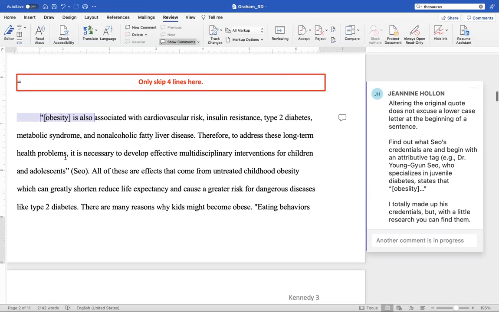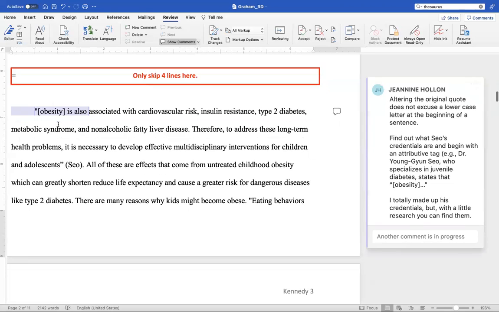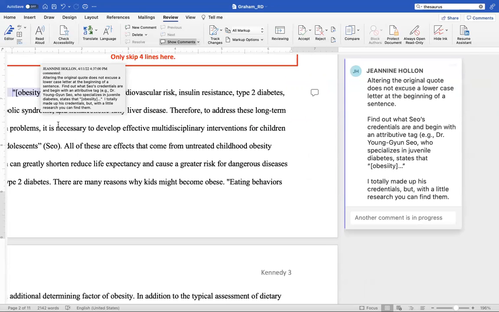I don't want to confuse you, but let's just say that it was a lowercase o that you pulled out of a quote. Then what you would do is put a bracket there and make it a capital O, but it has to be a capital O, however you do it.